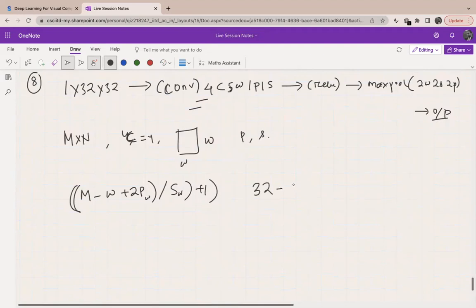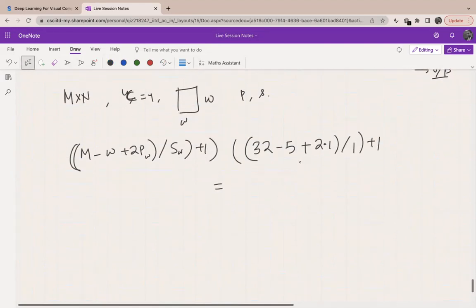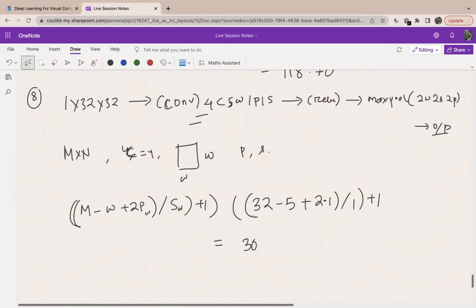32 minus W, W is 5, plus 2 into 1, by 1, plus 1. So this gives me 27 plus 2 is 29, plus 1, 30. And the width will be 30.